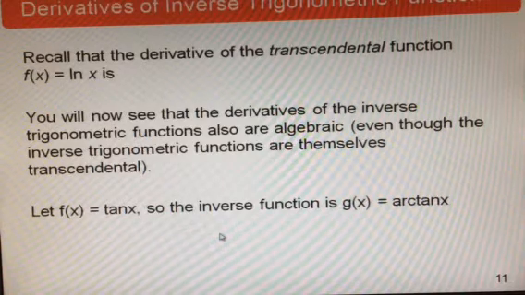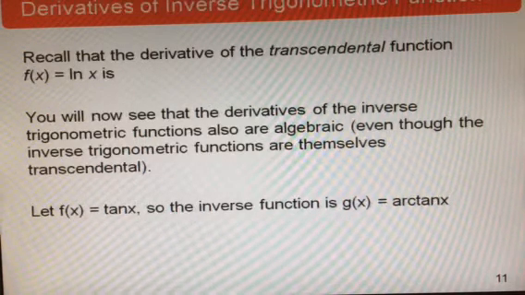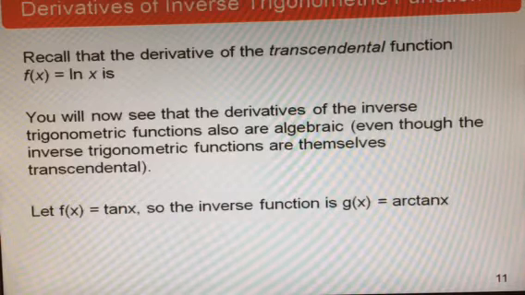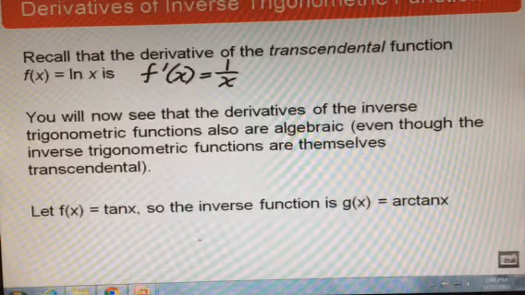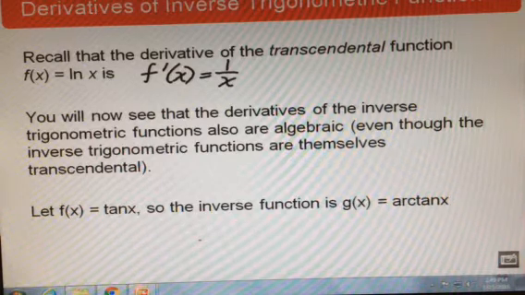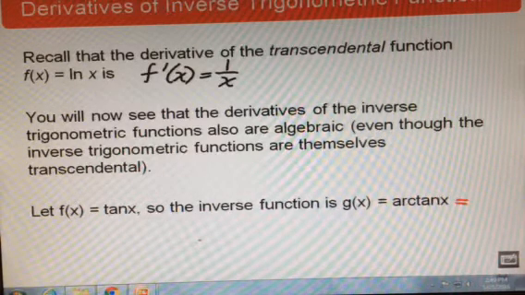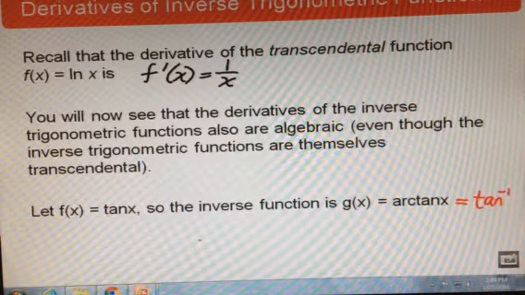So if we let the function be tangent x, the inverse function is arc tangent x. And sometimes other notations could be tangent inverse of x.